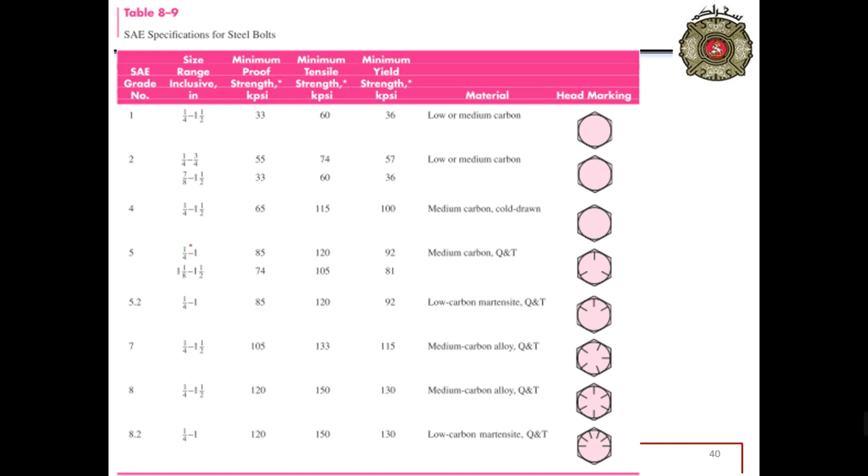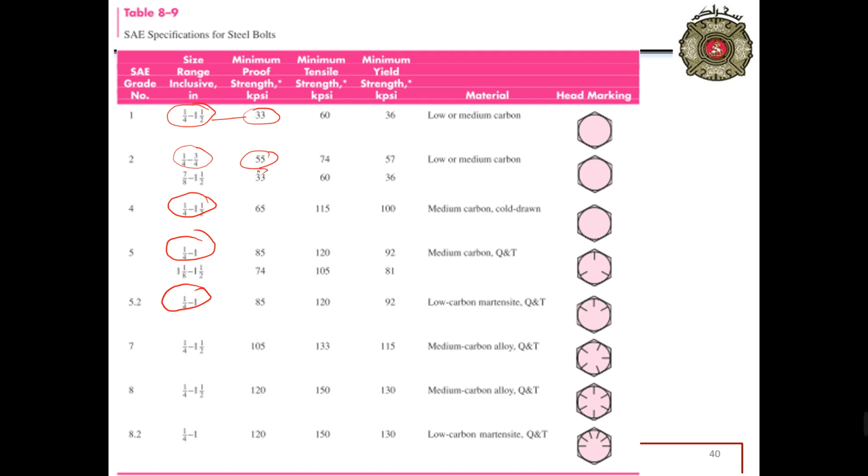This is an example. If you know the diameter of your bolt, for example, the diameter of the bolt is half-inch. A half-inch bolt can be made of this material, this material, this material, or any of the materials. And for each material, we have a minimum amount of strength.